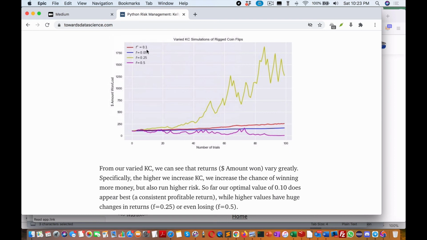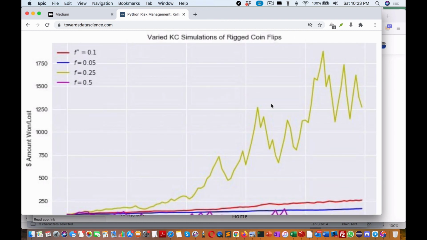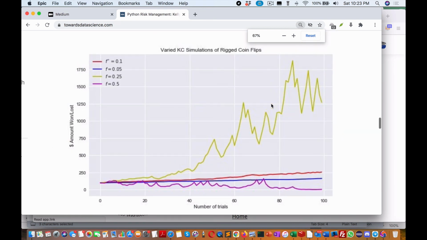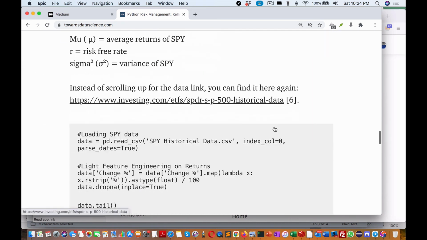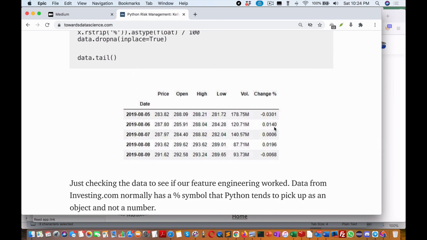So here, if you put in 0.01, like 1%, or 5%, 25%, or 50% of each position against each trade against your total account, you'll see here that if you put in 25% of your account that you're willing to risk, you can expect to get maximum return. So you can use this Kelly Criterion to help maximize profit based upon your position sizing against your total account.